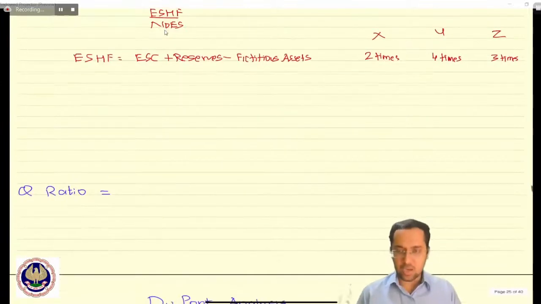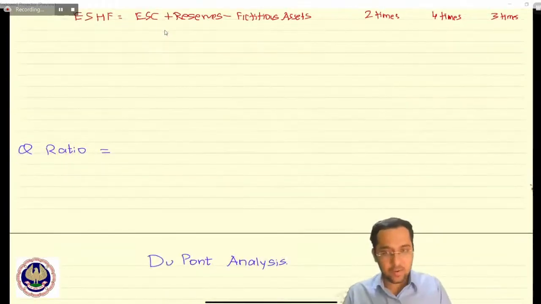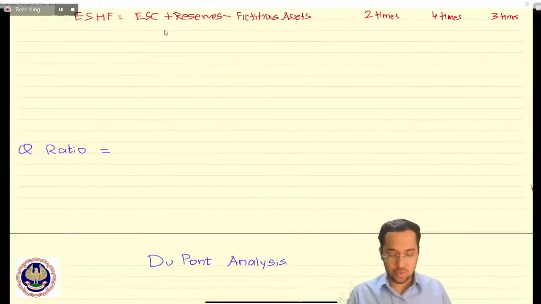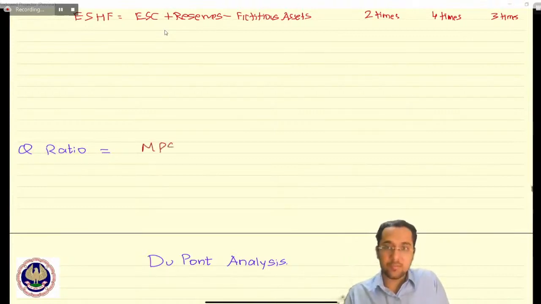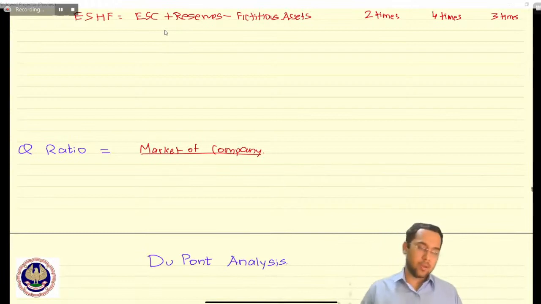Then there is the Q ratio, a very simple ratio, wherein we take the market value not on a per share basis, but the market value of the company as a whole. That is, all the shares of the company taken together. What is the value of the company?